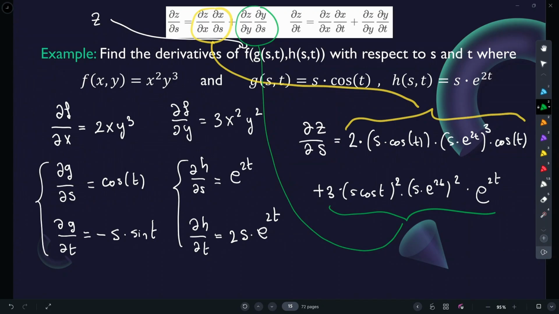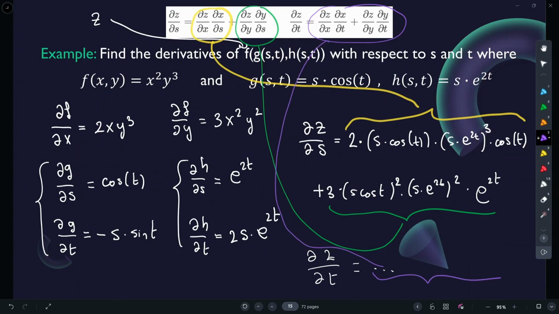I'm not going to do the derivative with respect to t, but it's just similar to all of this. Okay? Any questions on this? So I'm going to leave the derivative with respect to t. That would be this formula here that would go into this whole thing.